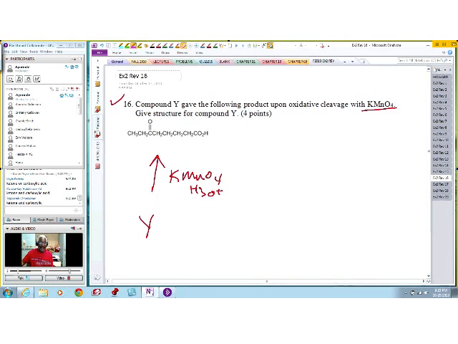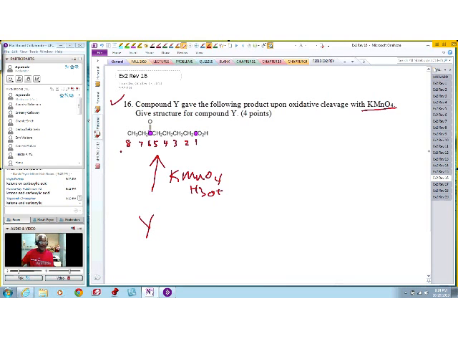So therefore, we say compound Y gives you this in one step. This is a ketone. This is a carboxylic acid. So what does that tell you? Let me number this. Let us say this is carbon 1, 2, 3, 4, 5, 6, 7, and 8.